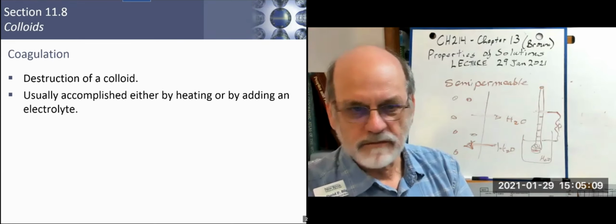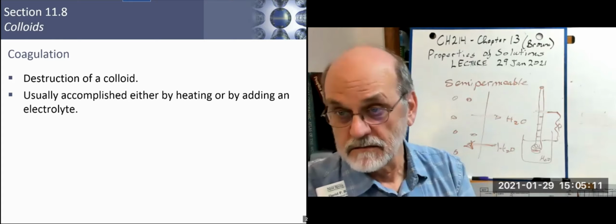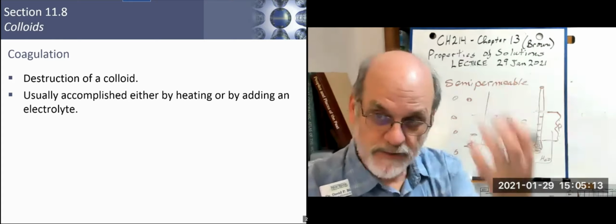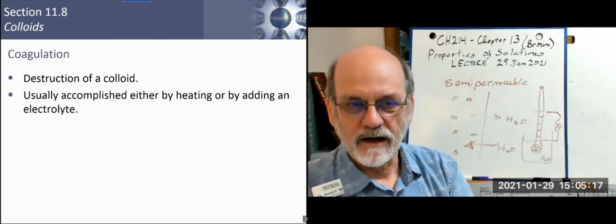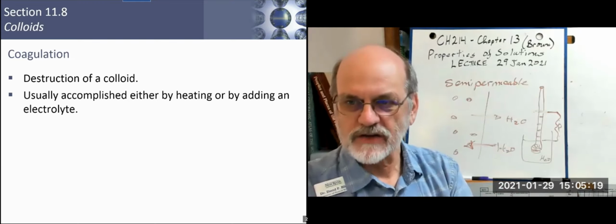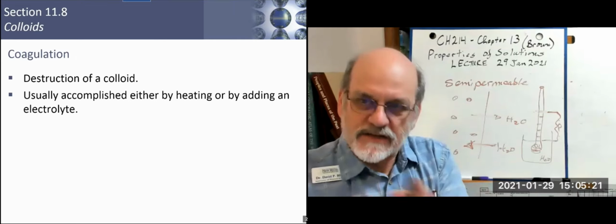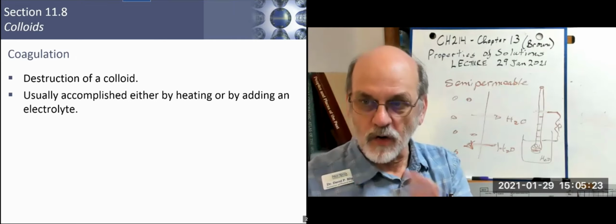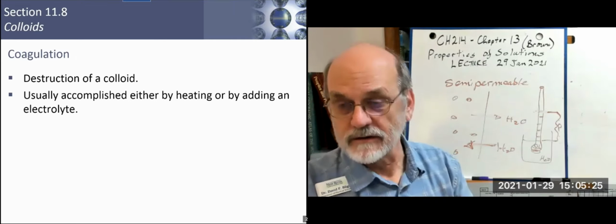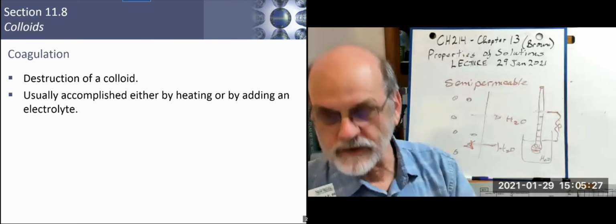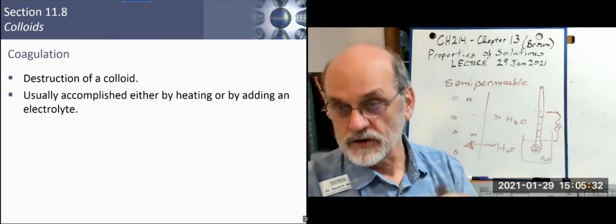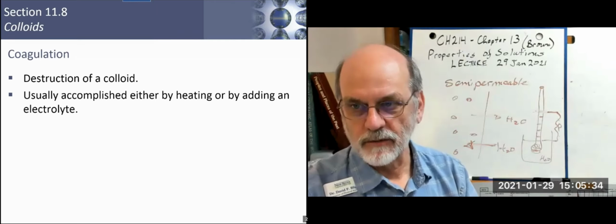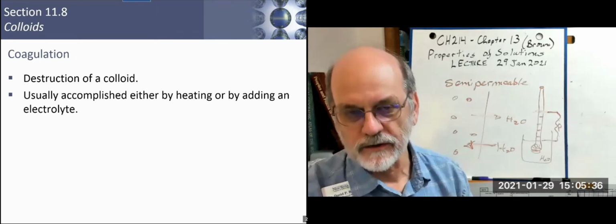One way is to heat it, destroying its structure so it drops out of suspension. Another is adding an electrolyte, so you change the electrical qualities of the colloid particles and they cling together, and that makes them big enough to fall out of solution. Heat, electrolyte. You can also change the pH, make it acidic or basic, and that'll do it too.